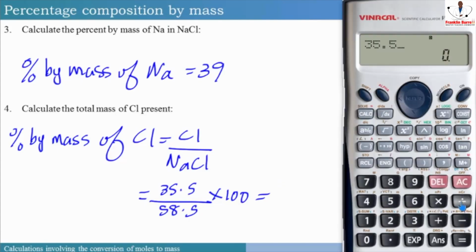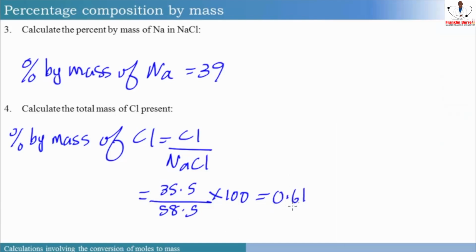35.5 divided by 58.5 is equal to 0.606. But remember that we are going to use 2 decimal places, so I will round up this 0 to 1 since this number is greater than 5. So our answer is going to be here 0.61.